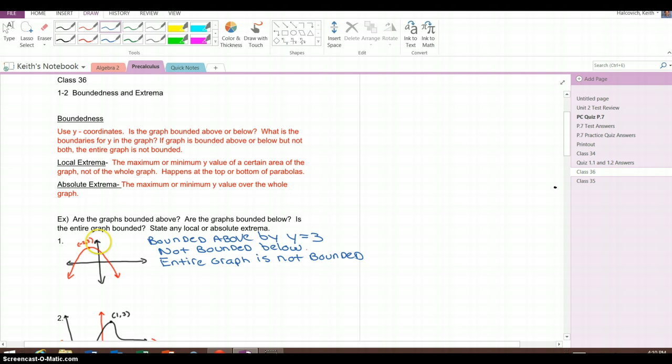Well, in this case, there is an absolute, because that is the very top of the graph. That top part is the maximum. The maximum value for y is 3, and it occurs at x equals -2. That is the absolute maximum.